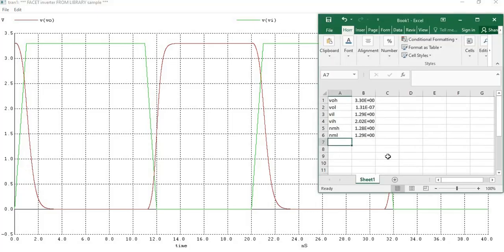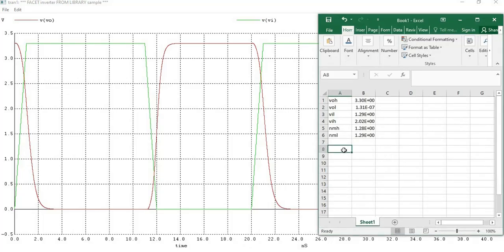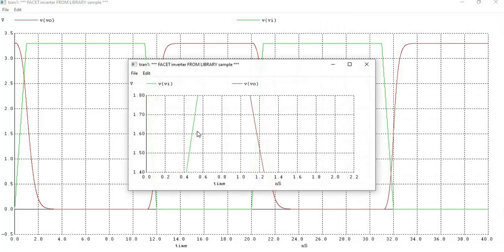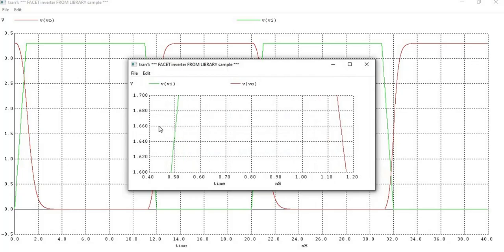So let us type it in on our Excel worksheet, TPHL. For us to get the value, you can just zoom in at the 1.65 level. This would be the approximate value.